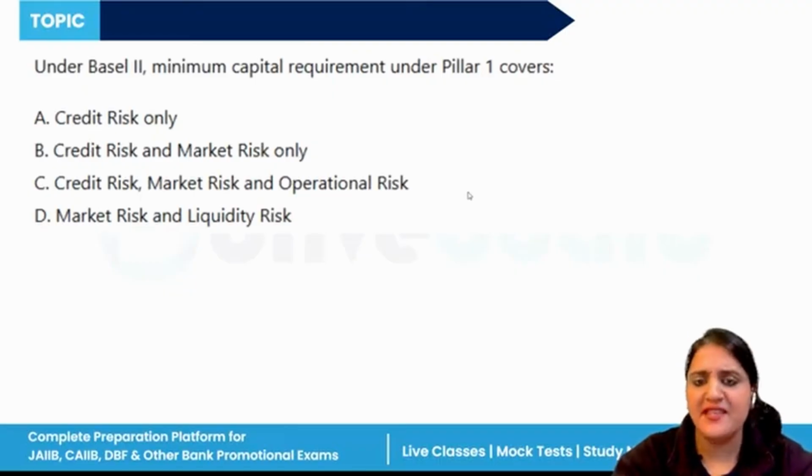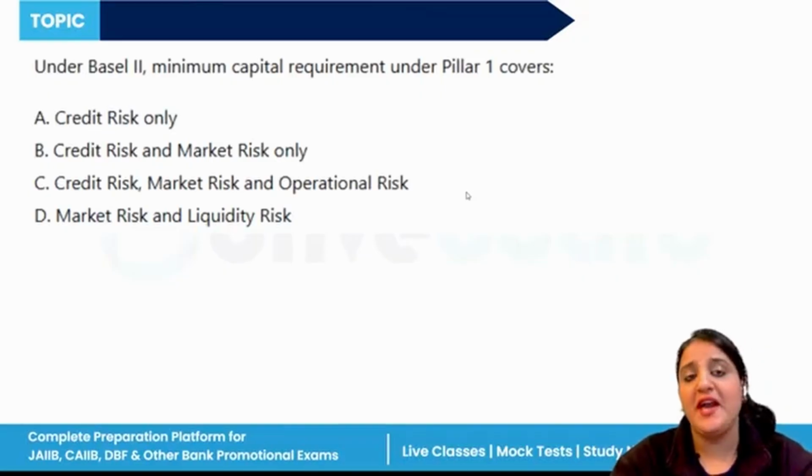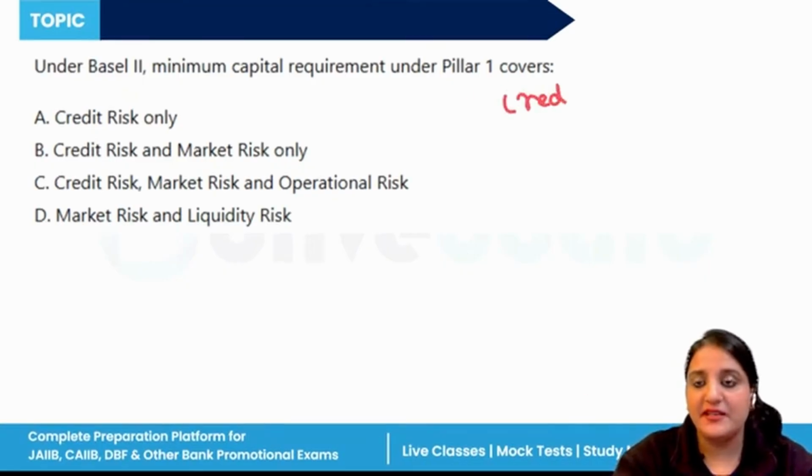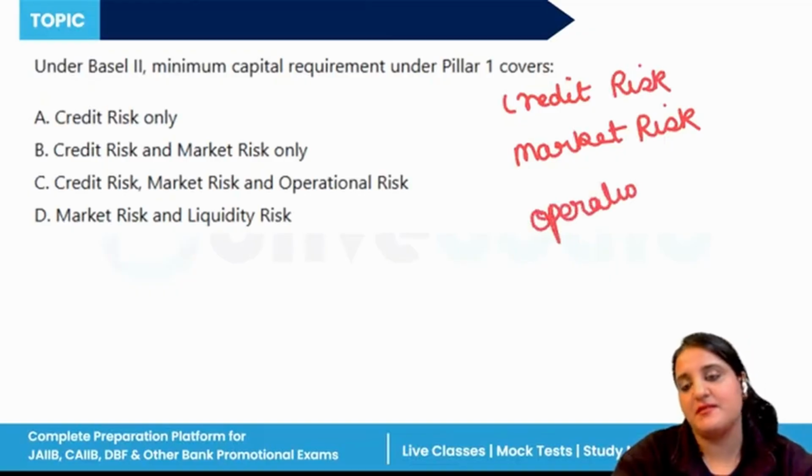So RBI says, dear bank, before you take risk, you have to keep capital as a safety cushion. That is Pillar 1. Pillar 1 requires banks to maintain minimum capital against credit risk, market risk, as well as operational risk.